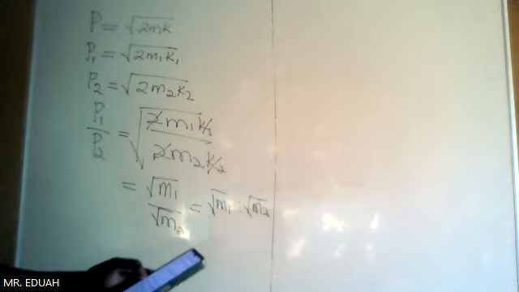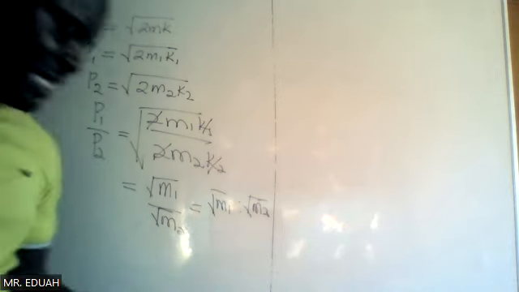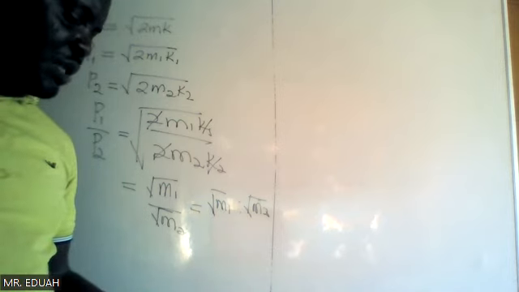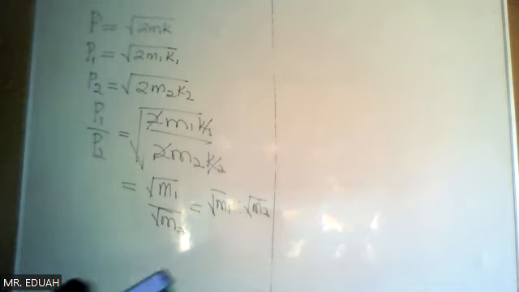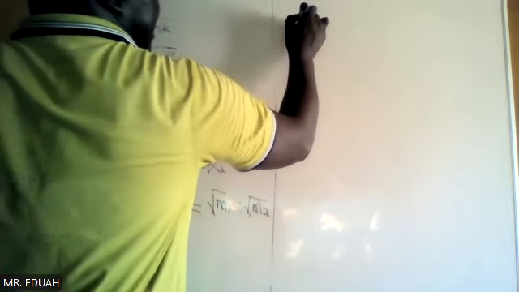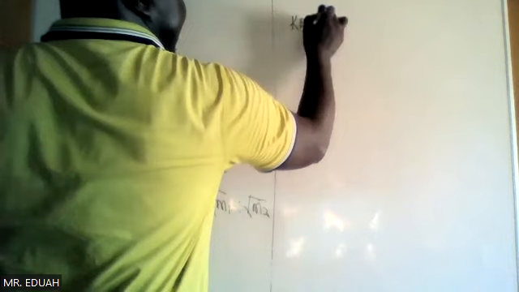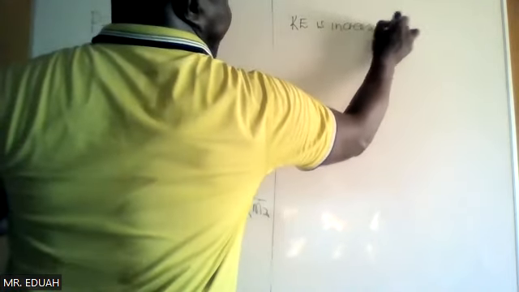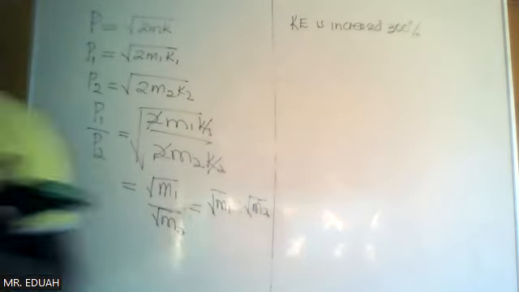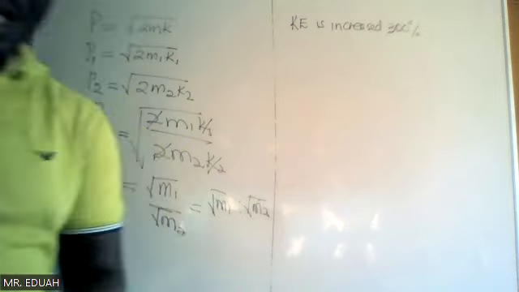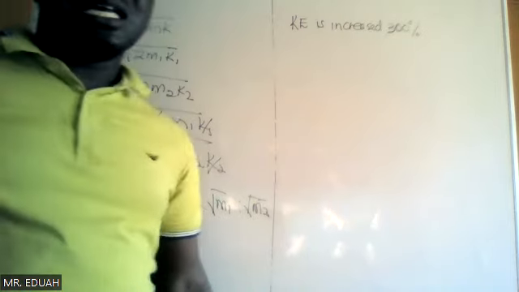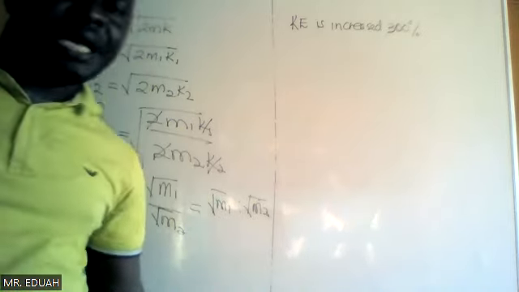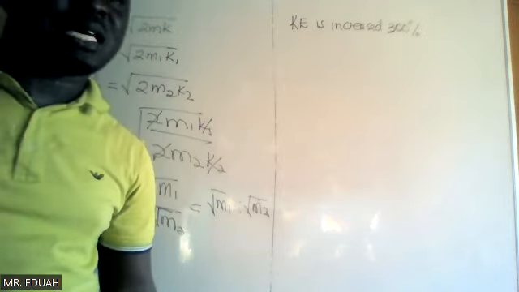Question 7. If the kinetic energy of a body is increased by 300%, KE is increased by 300%. If I have an amount and it is increased for me, the increment is 300%.